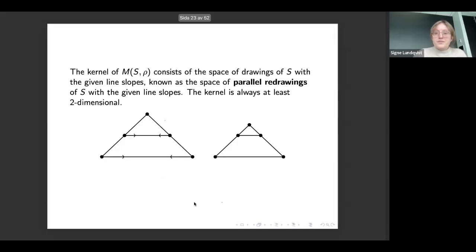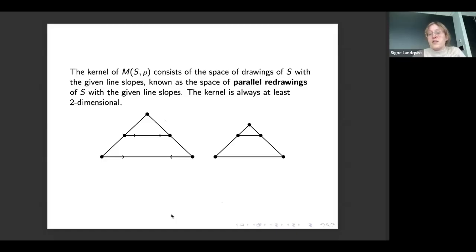Okay. And the kernel of this matrix M as rho consists of the space of drawings of the instance geometry with the assigned line slopes. And this is the space of parallel redrawings of S with your given line slopes. And this kernel is at least two-dimensional because translating a drawing doesn't change the line slopes.